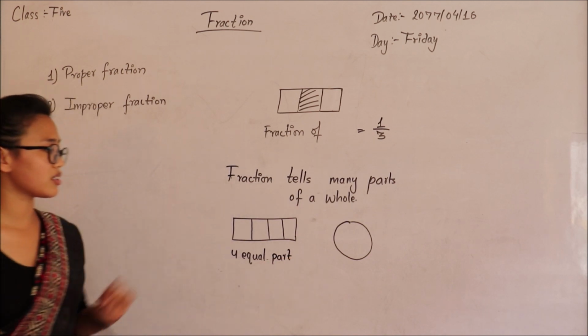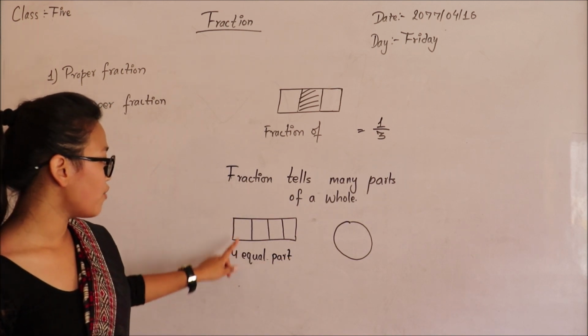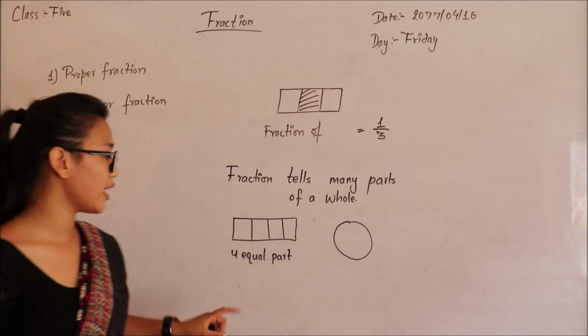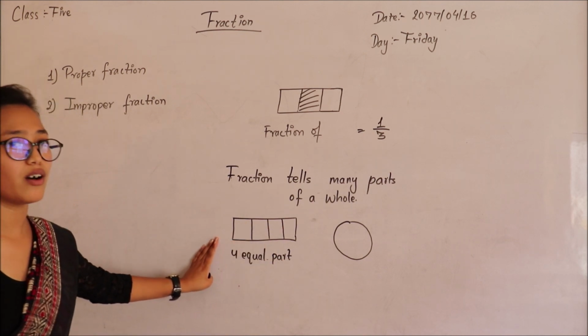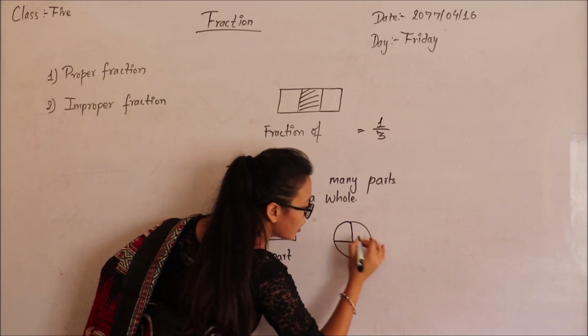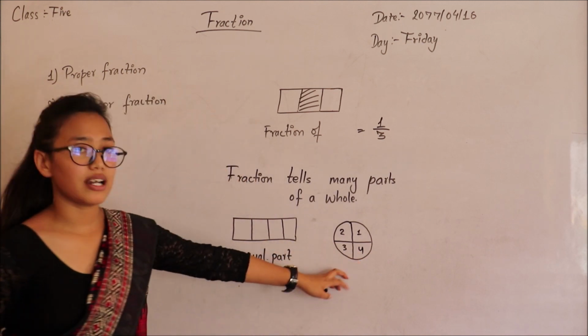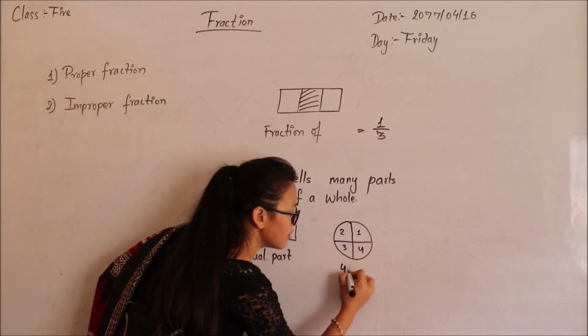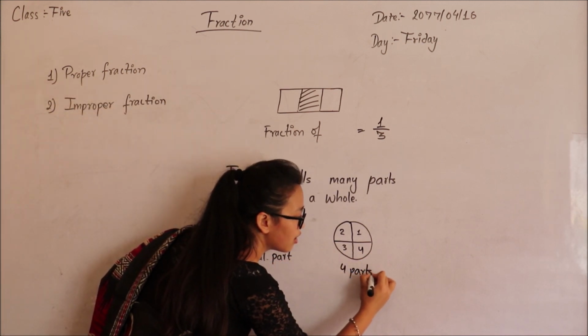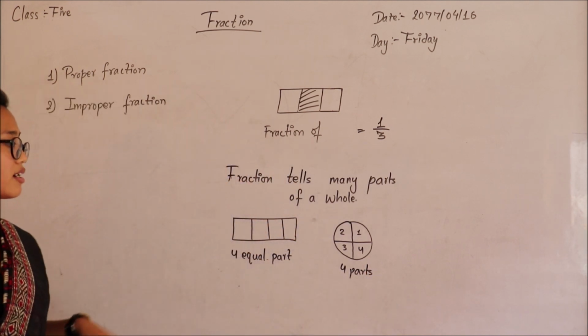I am again repeating this, there are 4 equal parts in this rectangular box, or there are 4 equal parts in a circle.